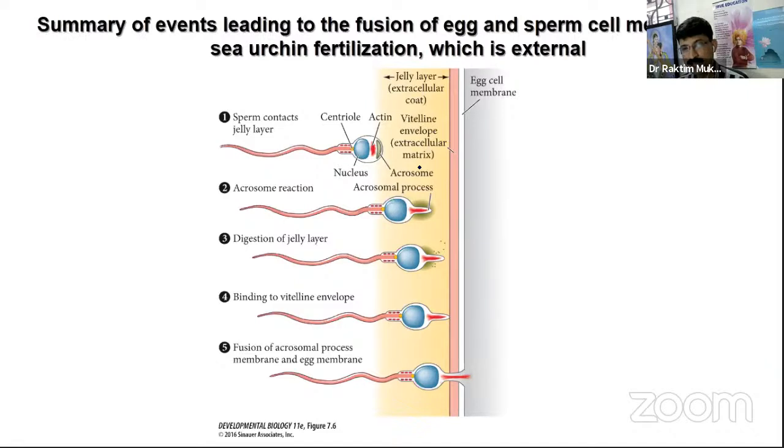So fusion of the acrosomal process membrane and the egg membrane takes place. Once the two membranes fuse, then the further events will take place.